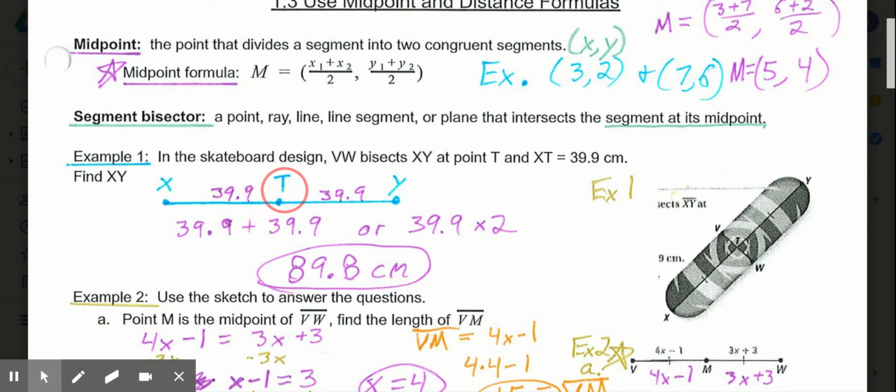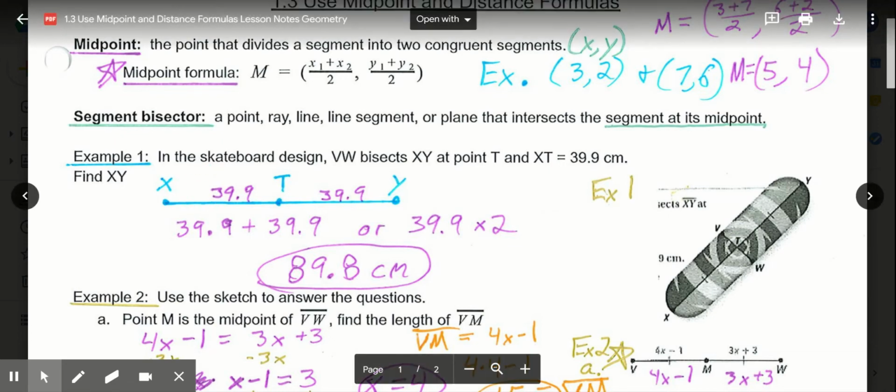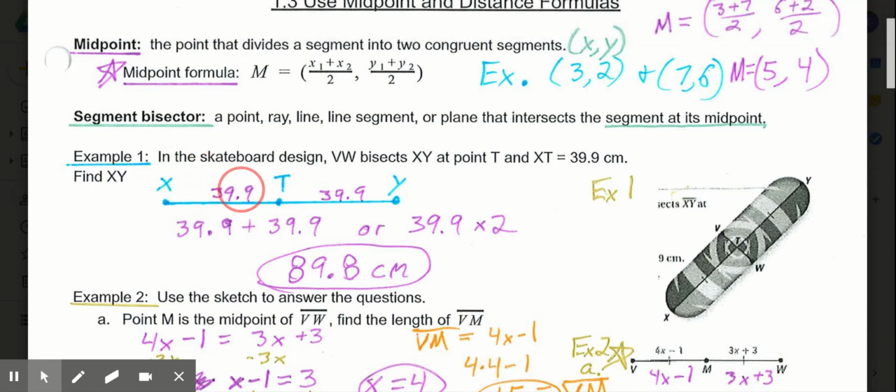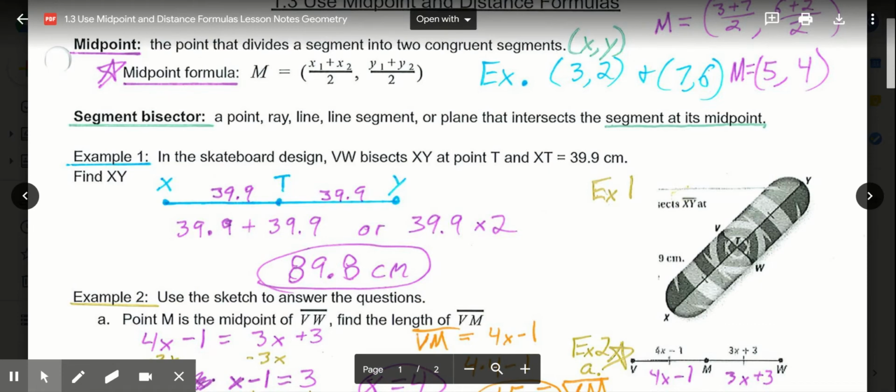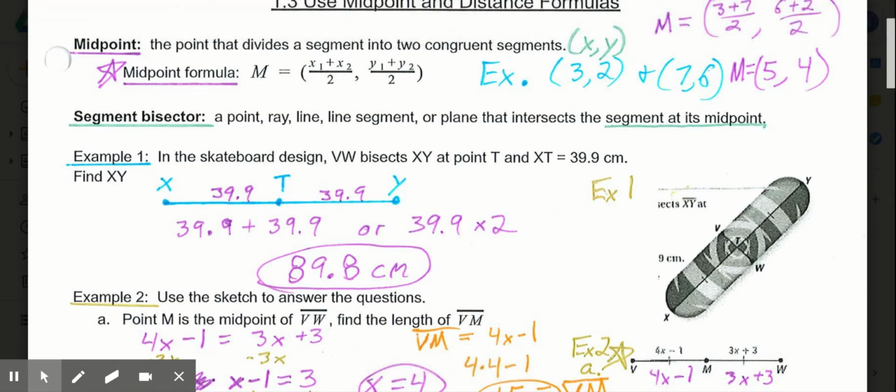Well, I know point T is the midpoint, so I know TY is the same length as XT. So TY would also be 39.9. To find the distance of segment XY, we take XT, 39.9, and TY, 39.9, and add them together, or 39.9 times 2. That gives us the total length of 79.8 centimeters.